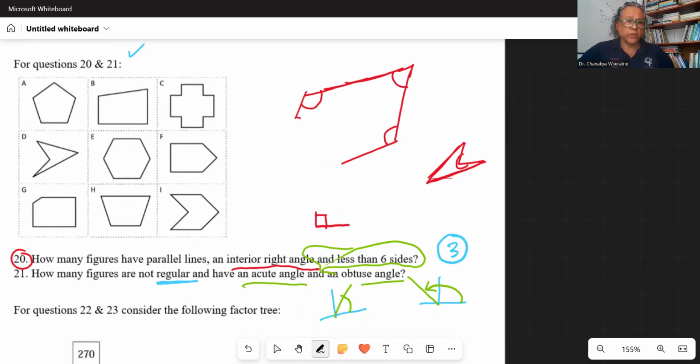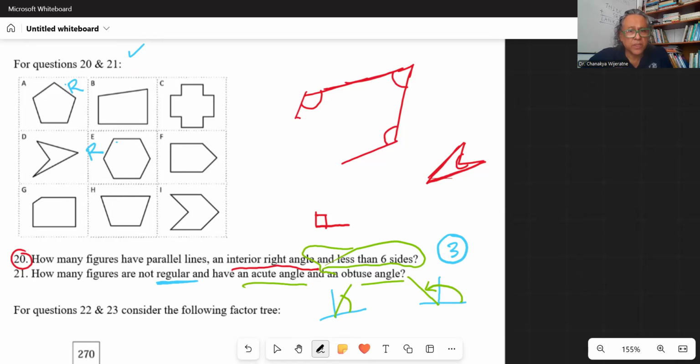So this is regular, right? This is not regular. So I will only indicate the regular ones. So this is regular. Yeah, these are the only two regular shapes.